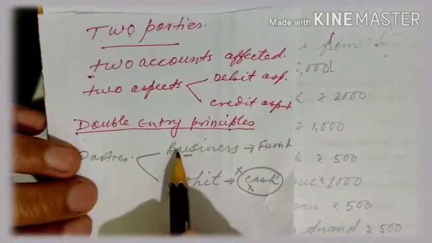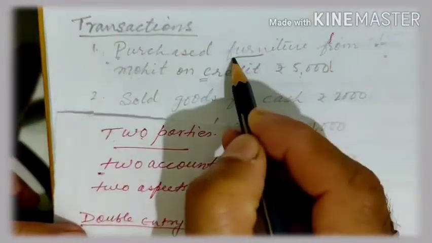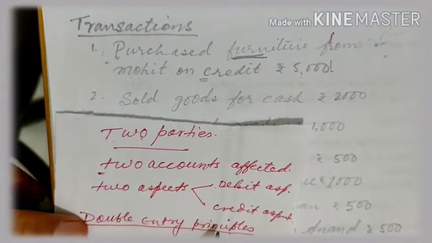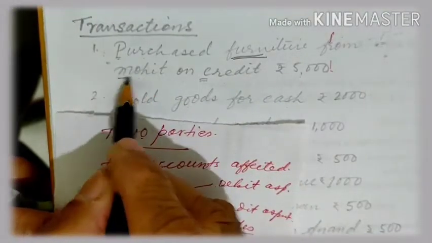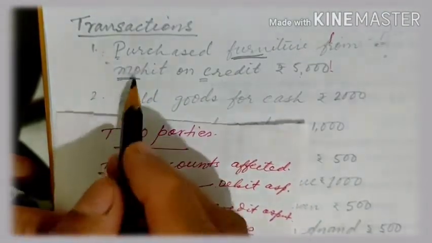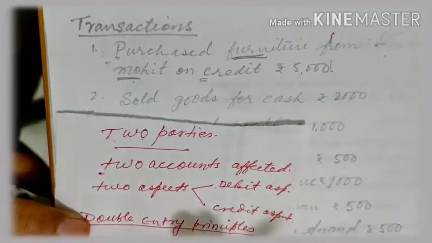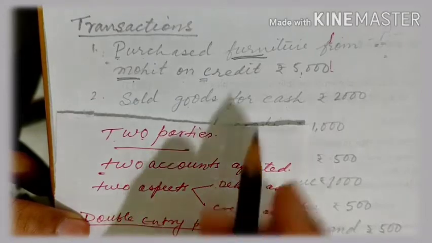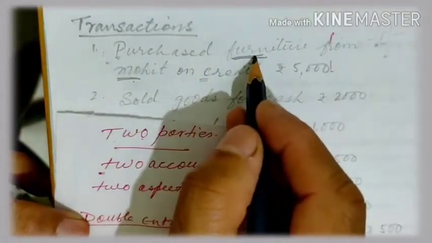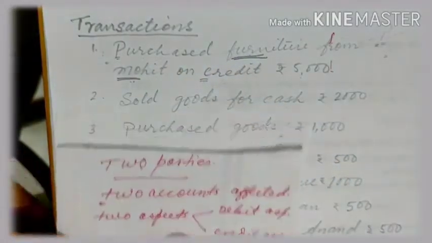What did the business get? Business got furniture. So one of the aspects is furniture. And given by whom? Given by Mohit. What did Mohit get? Nothing immediately. He is going to get in the future. Okay. So here these two aspects will be taken, furniture and Mohit.